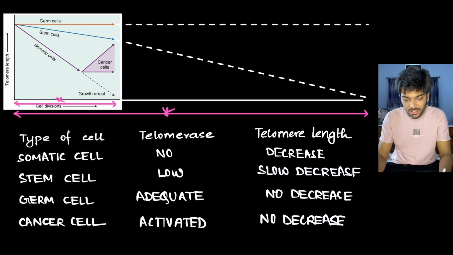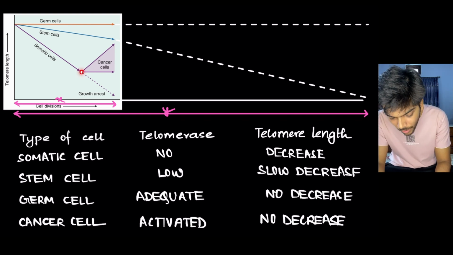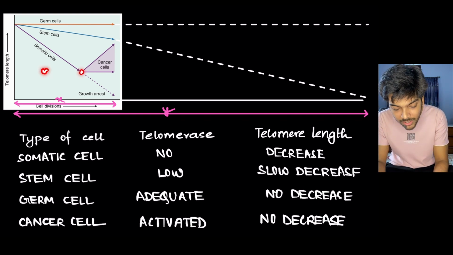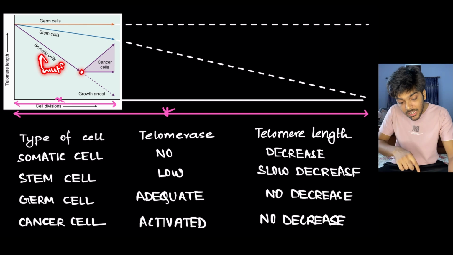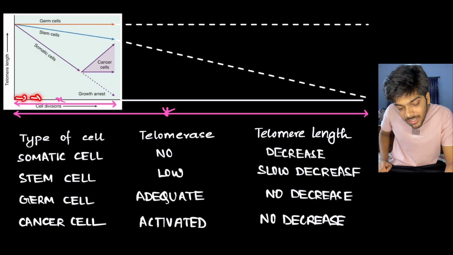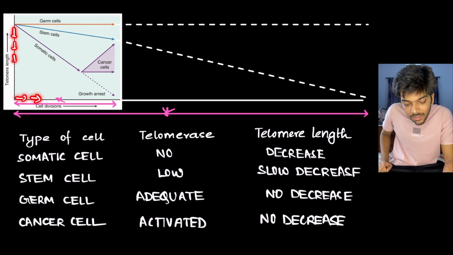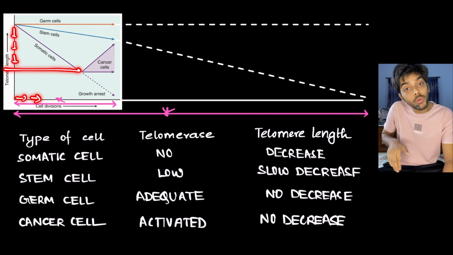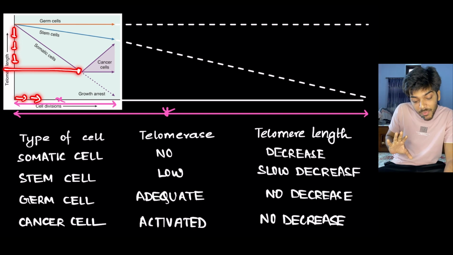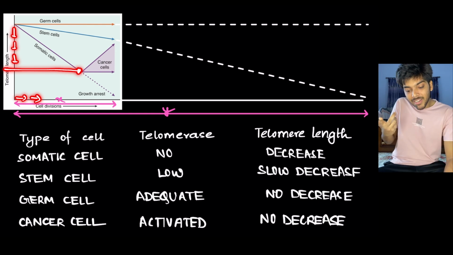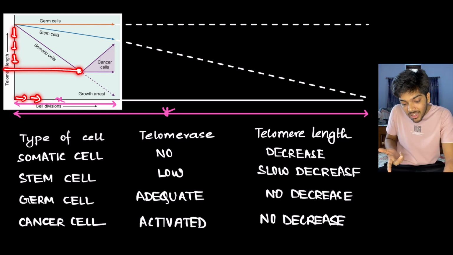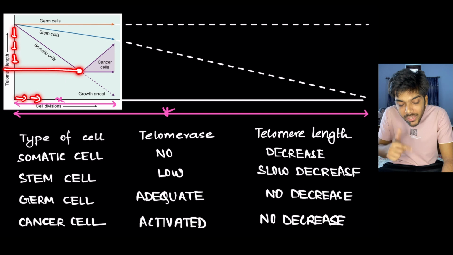What about cancer cell? I said earlier, cancer cells are formed once mutation occurs in the somatic cell. So previously, with every cell division, the length was decreasing till here. But now at this point, mutation has occurred. Now the somatic cell has become cancer cell. Previously, there was no telomerase activity. Now there is telomerase activity. So now this cancer cell, telomere length will not decrease due to telomerase activity.